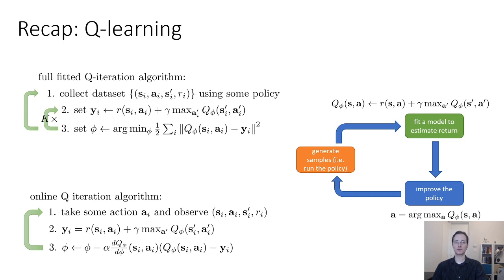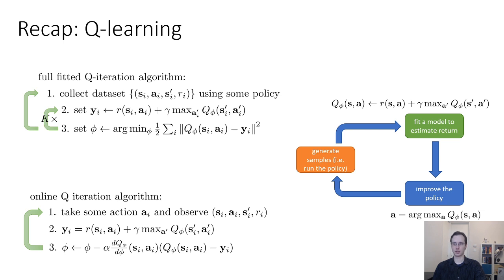If we choose each of these hyperparameters to be 1, meaning one step of data collection, one gradient step, and only do steps 2 and 3 once before collecting more data, then we get what is called the online Q-learning algorithm, which here I've called online Q iteration. This is really Q-learning. So if you hear someone say Q-learning, they really mean this method. Step 1, take one action Ai and observe the resulting transition, Si, Ai, Si prime, Ri.